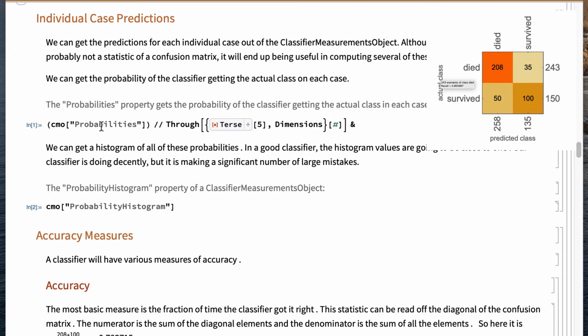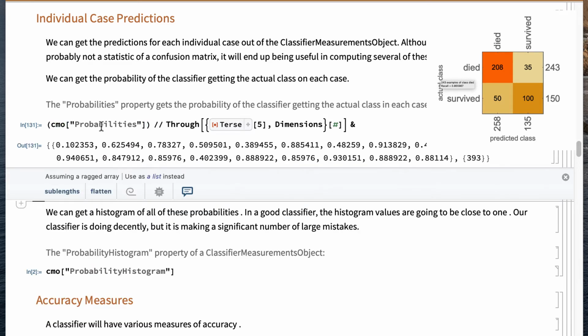But when you ask for probabilities, it's actually going to figure out probabilities, and it's going to give you the probability that's associated with the correct class each time. So that's the probabilities property. It's the probability of the classifier getting the actual class in each case. And as you can see, there are 393 values because there were 393 passengers in the test set.